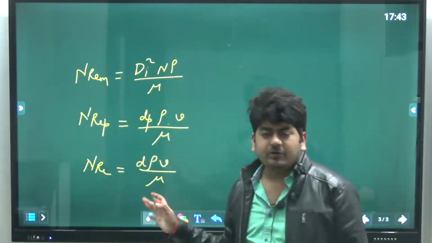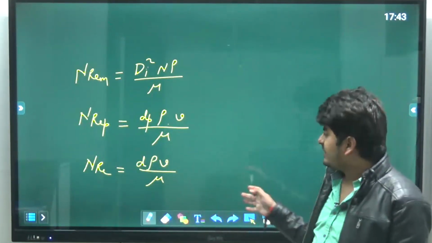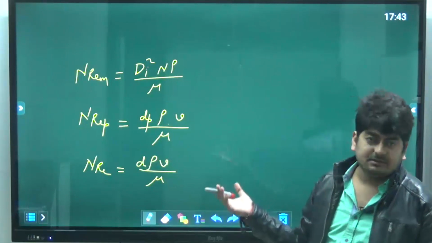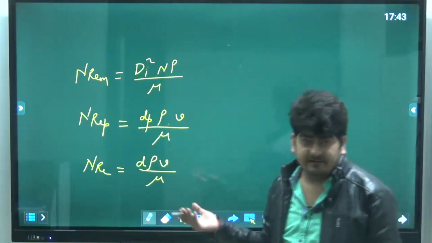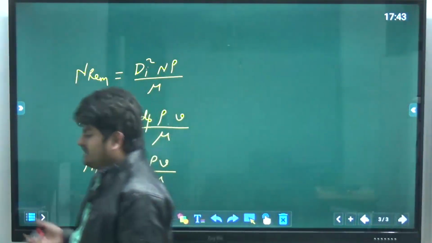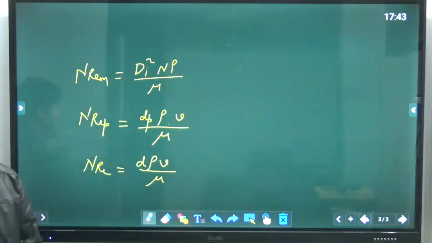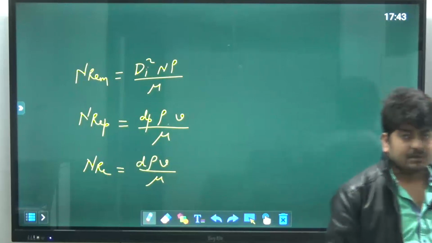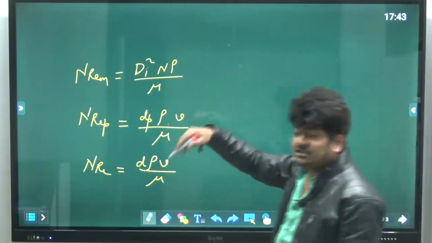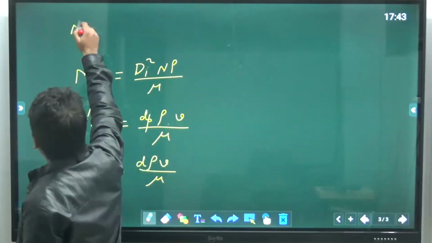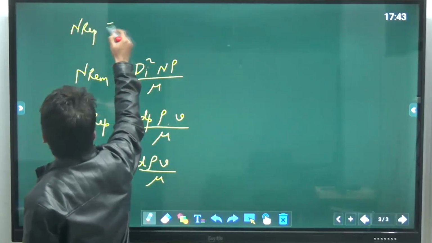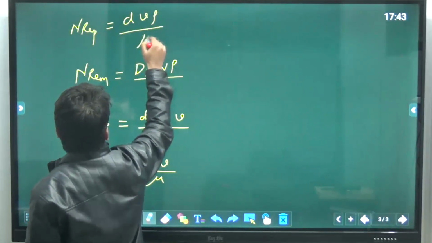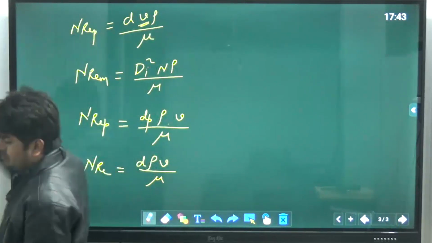I will not go into much detail, because the fluid mechanics faculty can help you with this in a better way, obviously, but I can give you the idea. Further we will see fluidization, and in fluidization the particle Reynolds number is defined like this, where v is the velocity of fluid.